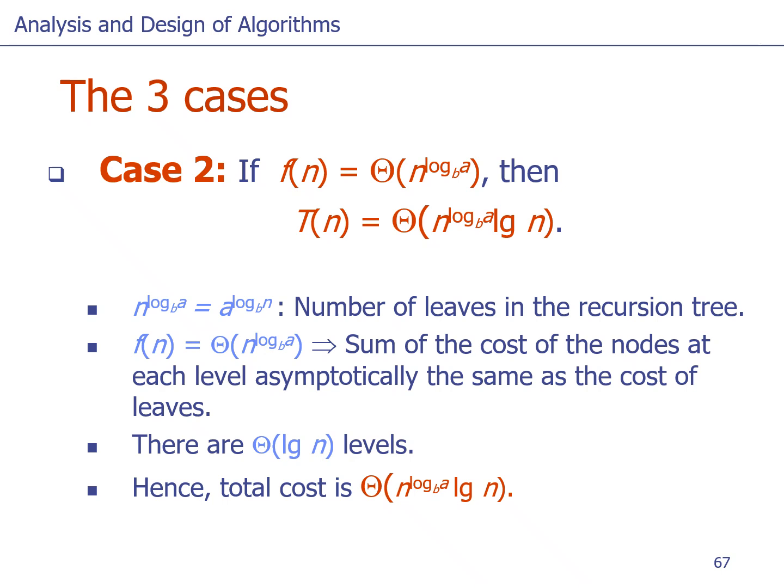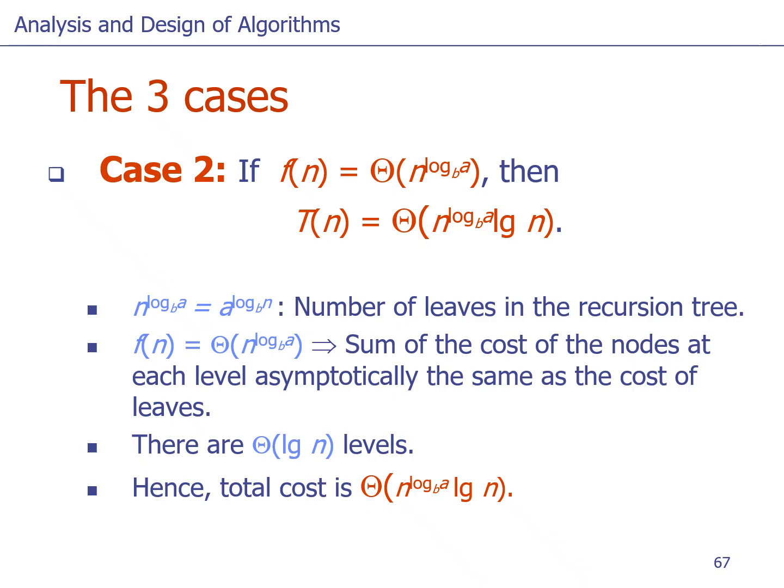Everything in the tree means the height of the tree, because if I'm doing the same amount of work in all the levels of the tree, I have to multiply in order to describe the number of steps in relation to n that I'm doing in the whole tree. Since the root is not dominating and the leaf is not dominating, I have to figure out the amount of work I am doing at every level and multiply it by the number of levels. We know that the number of levels is going to be log n base b.